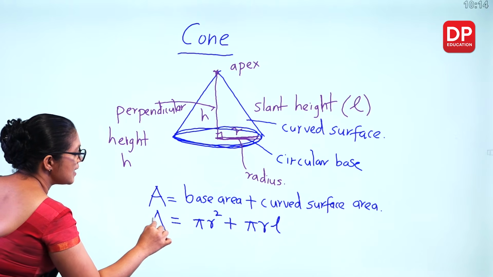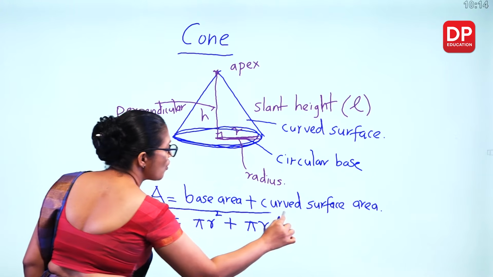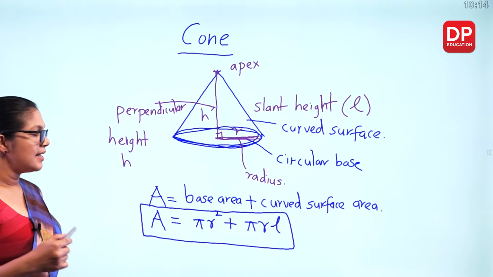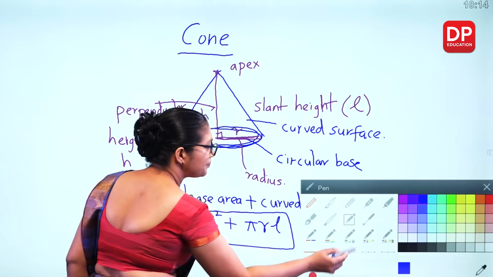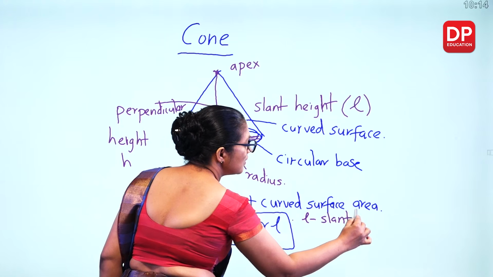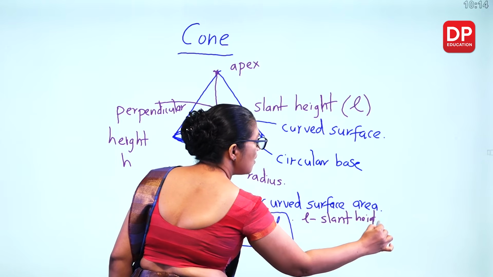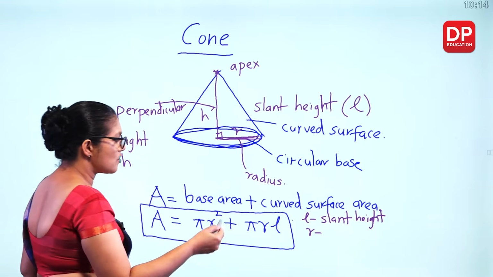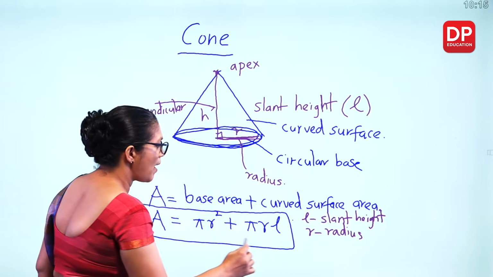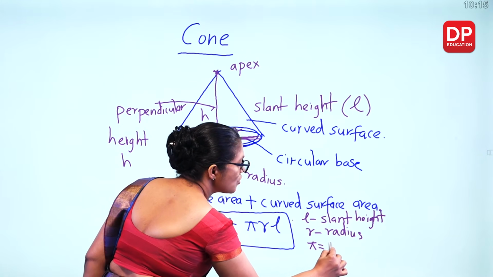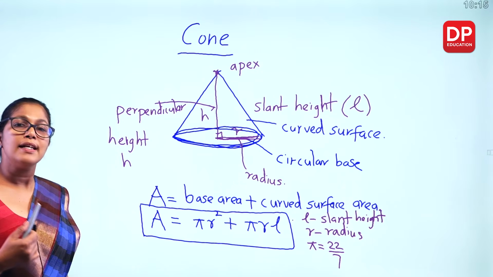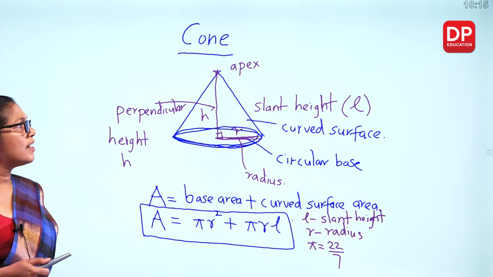So what's the total surface area of a cone? Pi r squared plus pi r L. What is L? L is the slant height. What is r? r is the radius of the circular base. And pi we can take as 22/7. So if you know the formula, you can find out the surface area of a cone.